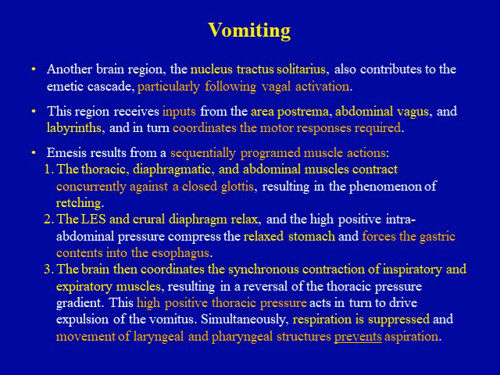This high positive thoracic pressure acts in turn to drive expulsion of the vomitus. Simultaneously, respiration is suppressed, and movement of the larynx and pharyngeal structures prevents the aspiration of the vomitus, so it will prevent choking.